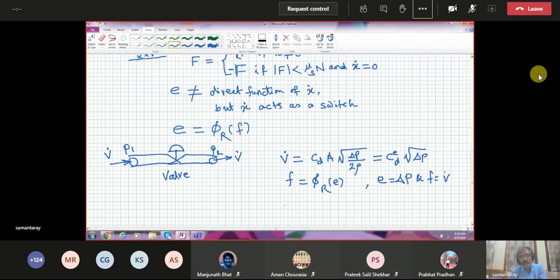You can write instead the effort, delta P, equal to Q squared by Cd effective squared. So this is invertible. This is some kind of an invertible relation. We can put the damper like that.